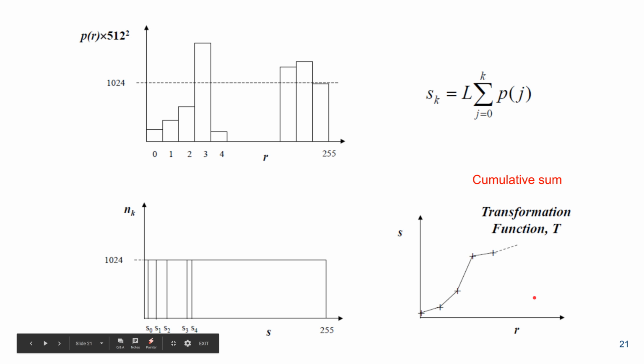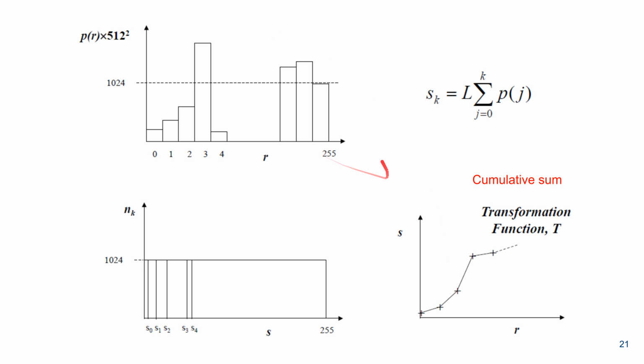And actually, if we take that histogram and we do a cumulative sum, what we find is that the cumulative sum is actually the transformation function.